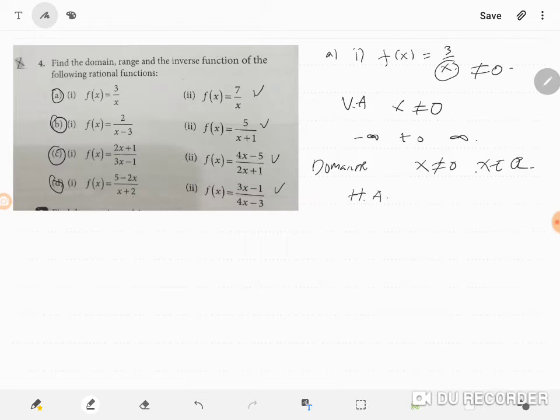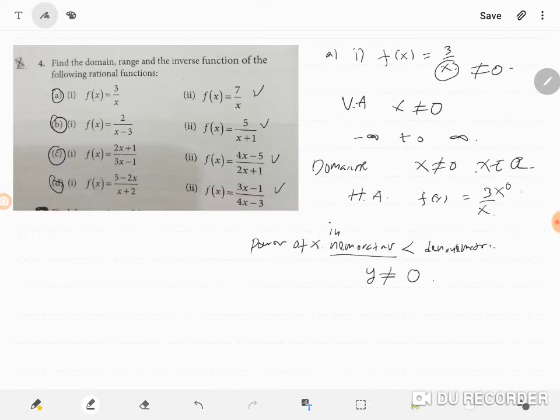When you look at the function f(x) equals 3 over x, when the power of x in the numerator is less than the power of x in the denominator, the horizontal asymptote is y equals 0. Here the power of x in the numerator is 0, since 3 is x to the power 0, but in the denominator it is 1.